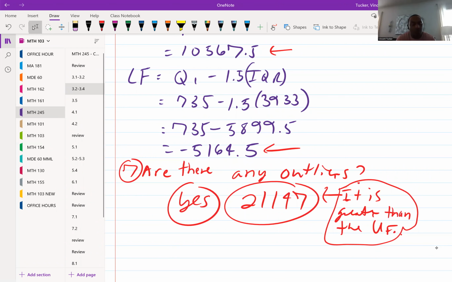And it is possible to have more than one outlier. So the marker is your upper fence on the right, lower fence on the left. If something is greater than the upper fence, it's an outlier. If it's less than the lower fence, it is an outlier.